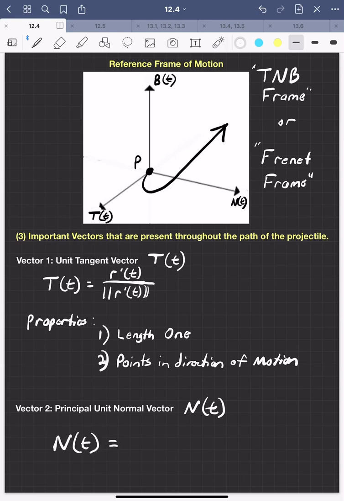So n of t is going to be, if you already have the unit tangent vector, then it's T prime of t over the magnitude of T prime of t, which should make sense, since that's just the second derivative of r, r double prime of t over its magnitude.